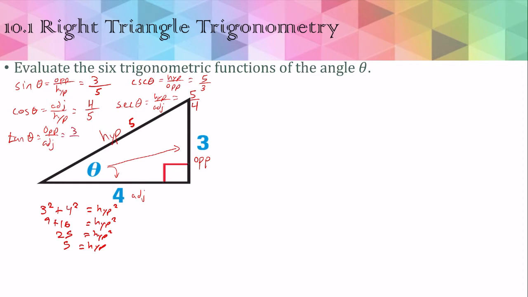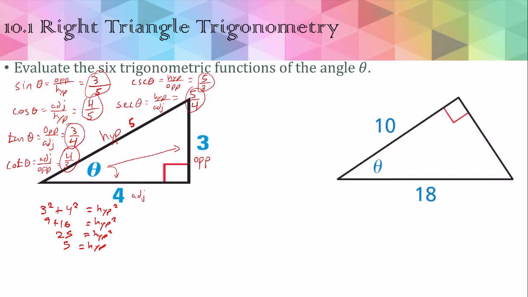Opposite is 3, adjacent is 4. And lastly, its reciprocal cotangent is the adjacent over opposite, which is 4 over 3. So there we go. We have sine, cosine, tangent, cosecant, secant, and cotangent.